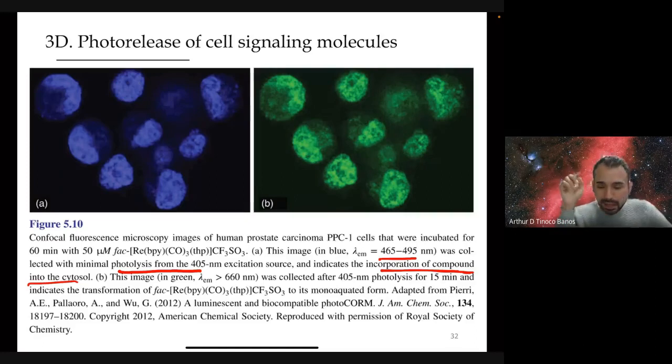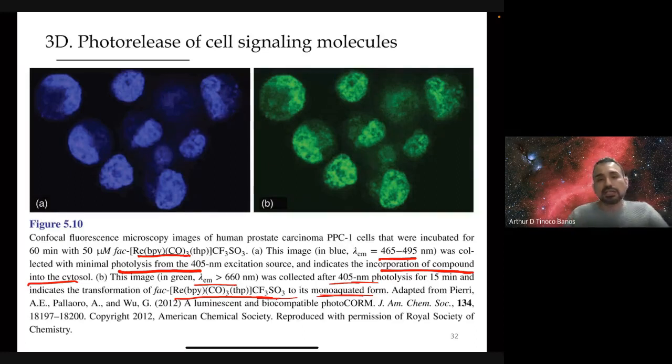But then, after longer-term irradiation at 405 nanometers, we see this emission in green. There's an emission at greater than 660 nanometers. And that suggests a transformation of the compound from the original parent compound to a compound of this nature, the monoaquated form, which has a release of the carbonyl.